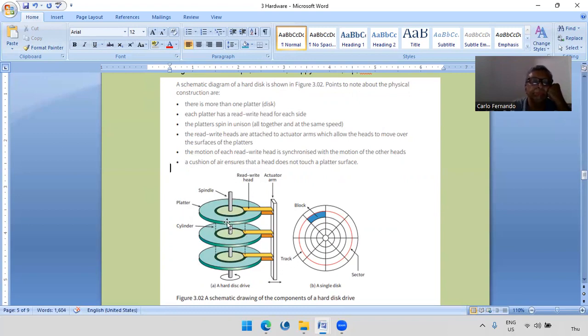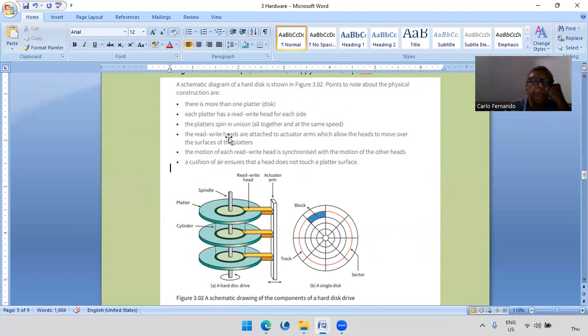The term is platter. Each platter has a read-write head for each side. These are the read-write heads, on the actuator arm. This is a platter, and you can see this arrow coming onto the top side, and there's one on the bottom underneath also, both working at the same time.